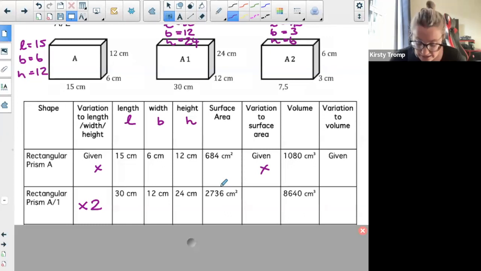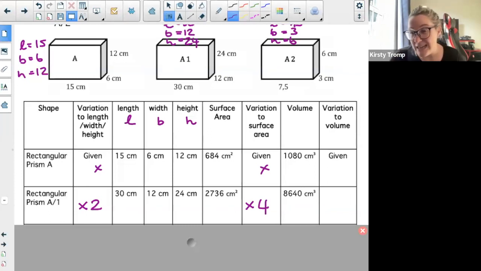Well, let's go see. If I take 2,736, which is my new surface area, and divide it by my old surface area, 684, that gives me times by 4. Somebody do the volume for me. 8,640 divided by my old volume, which was 1080.